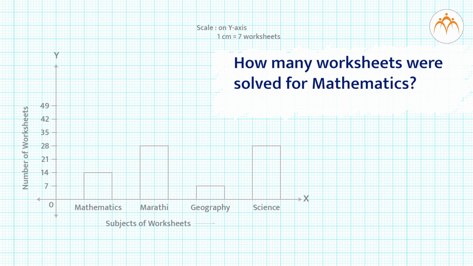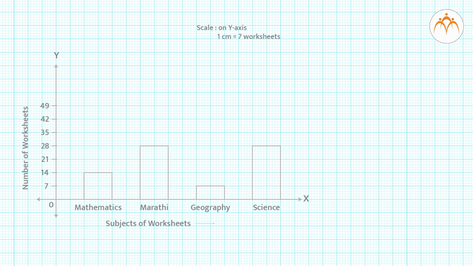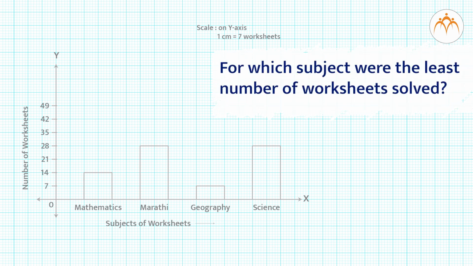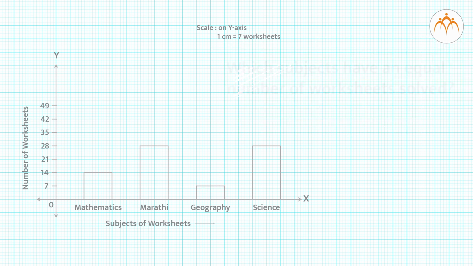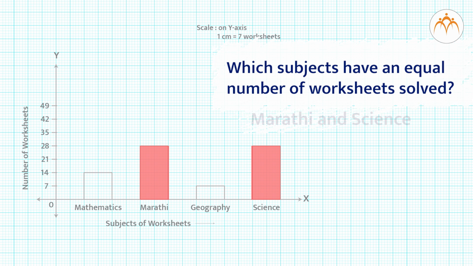Okay. How many worksheets were solved for mathematics? 14 worksheets. For which subject were the least number of worksheets solved? Geography. Which subjects have an equal number of worksheets solved? Marathi and Science.